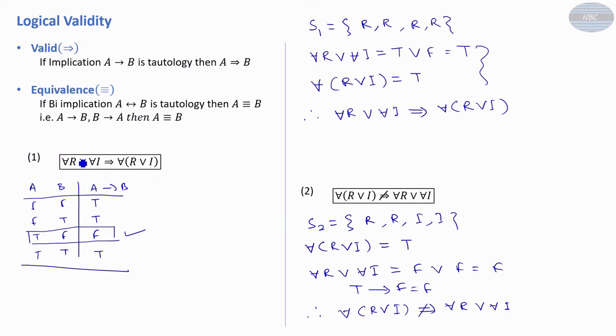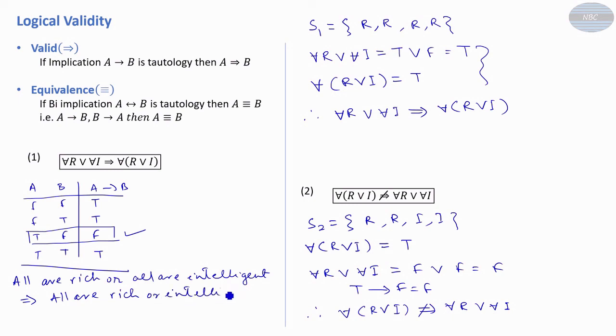What is the meaning of this in a sentence? The left hand side means all are rich or all are intelligent, which is valid for all are rich or intelligent. Similarly you can write it down.